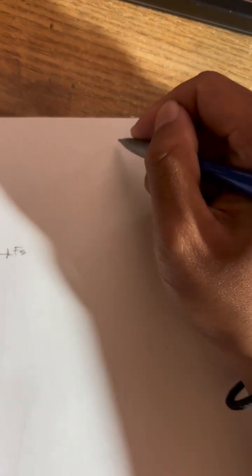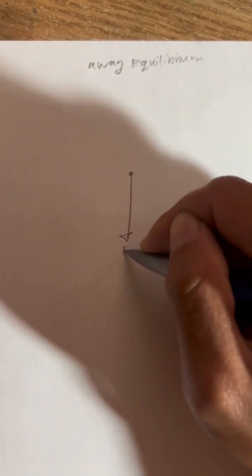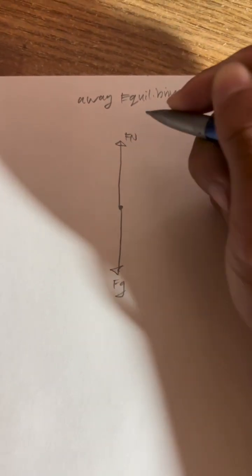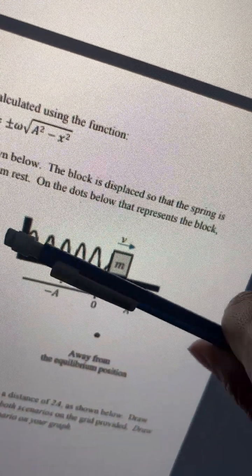F K. So now I'm going to do the labeling away from the equilibrium this time. So this is my dot, and I still have F of G. I still have F of N. But this time, because it's away, the spring force wants to push it back because it's stretched out.